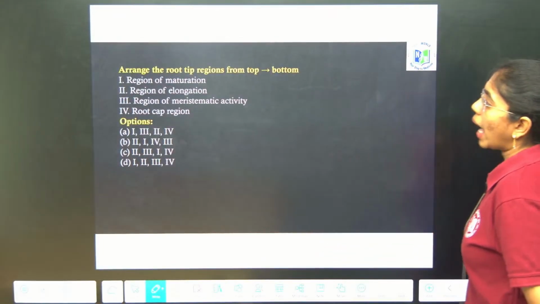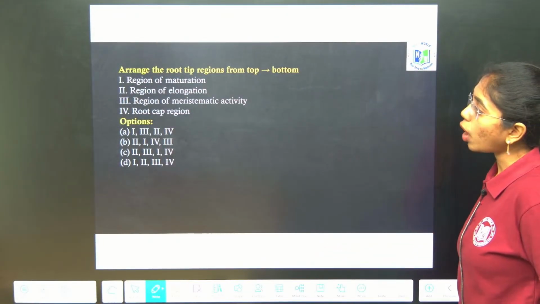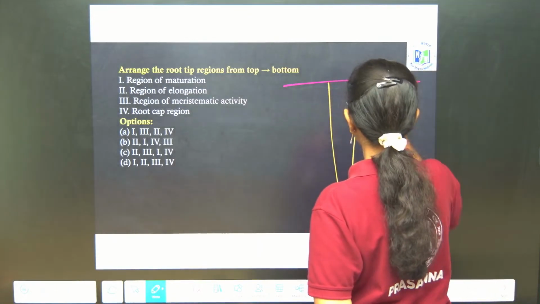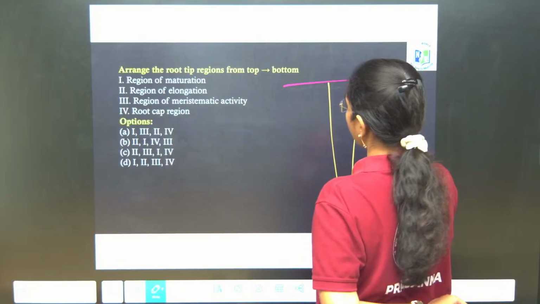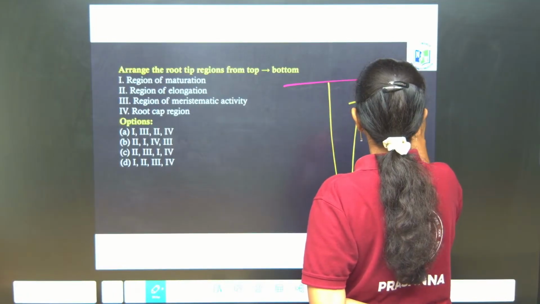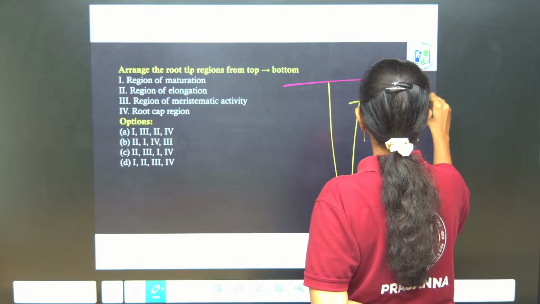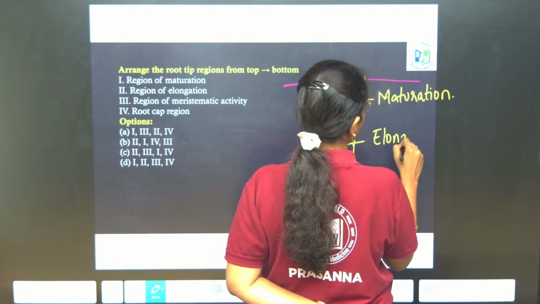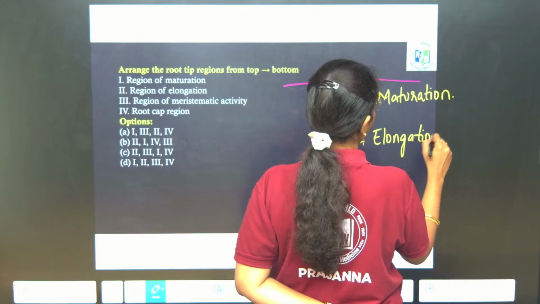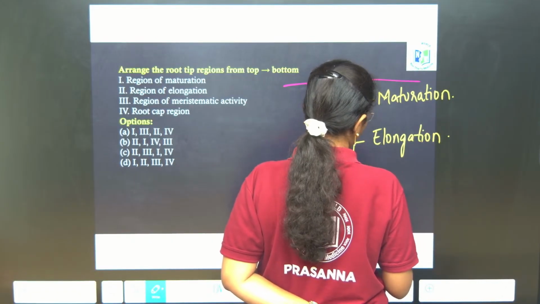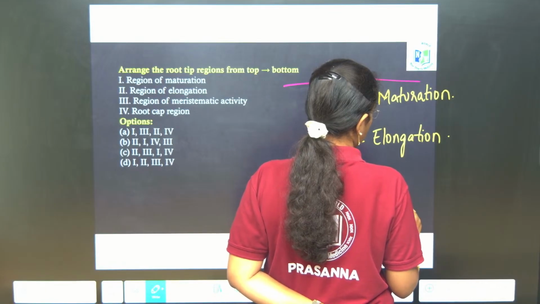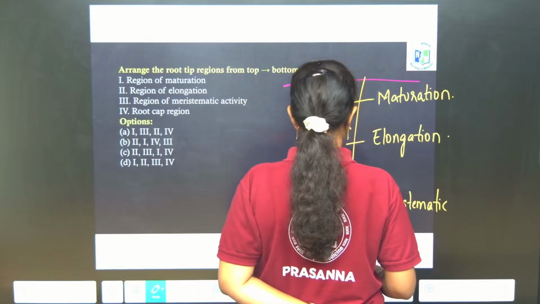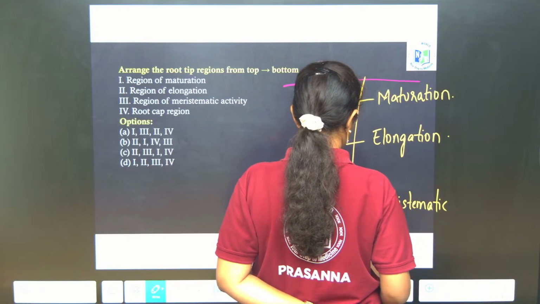Next, arrange the root tip regions from top to bottom. Top to bottom means we have to start from the region of maturation, followed by the region of elongation, followed by the region of meristematic activity, followed by the root cap region.